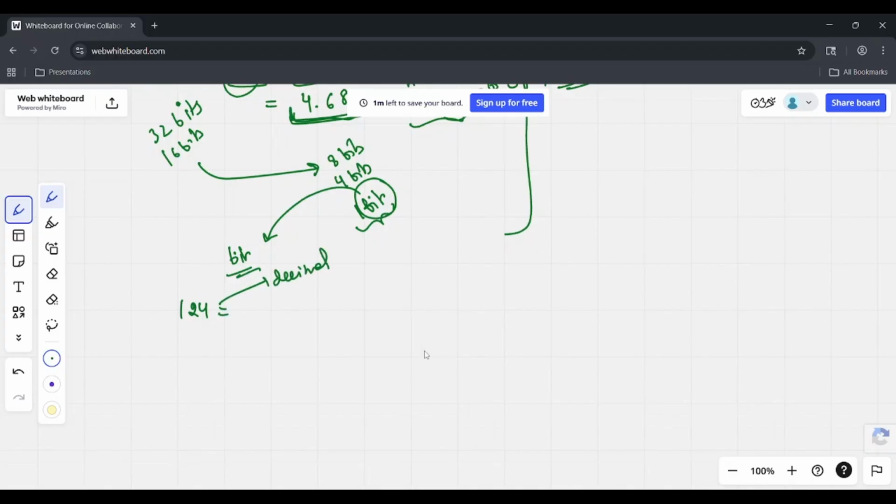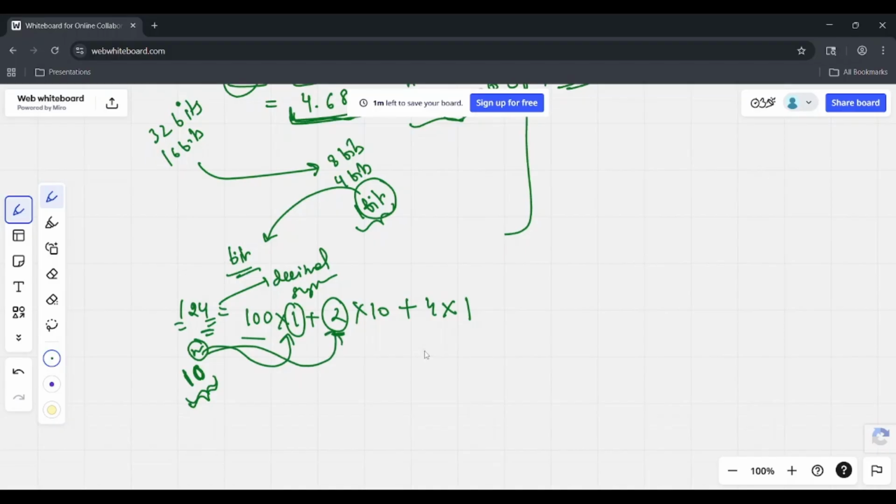In this system, you take the last digit and multiply it by 1, you take the second digit and multiply it by 10, and so on. Whatever digits we have, we multiply each with some power of 10, and the sum depends on the position of the digit. So this is how we humans understand numbers, right?